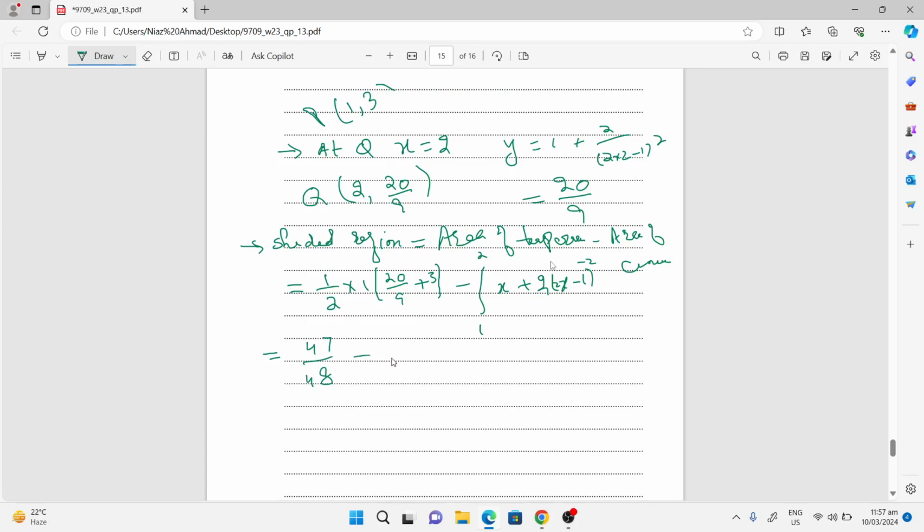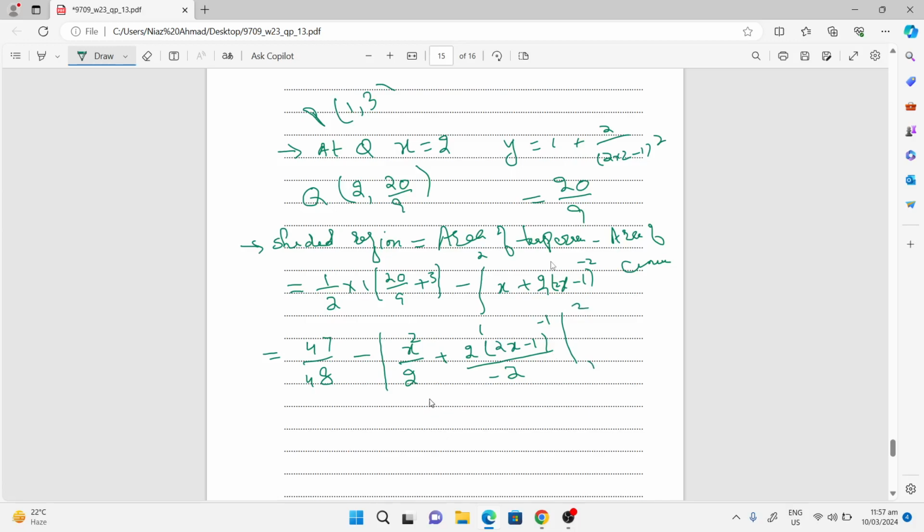Minus, you need to do the integration: x squared over 2 plus 2 into 2x minus 1 whole power negative 1 divided by negative 2, since the derivative of the bracket is 2 and the negative comes down. So the limits are 1 to 2.